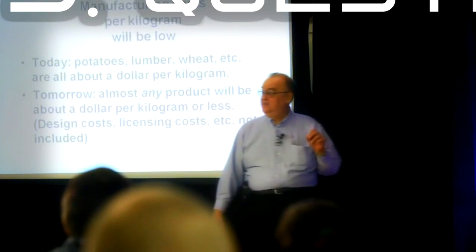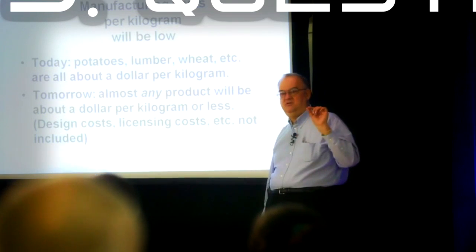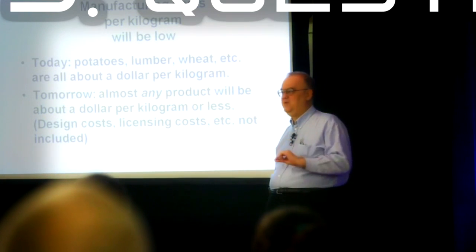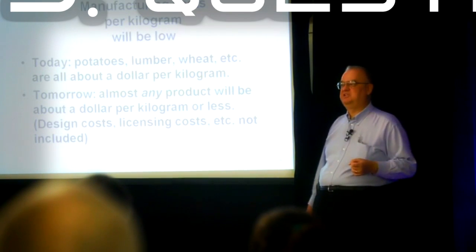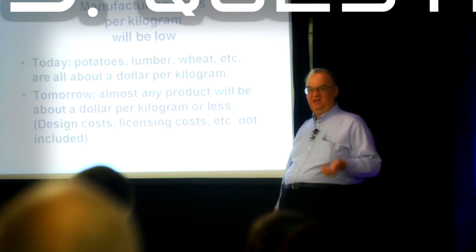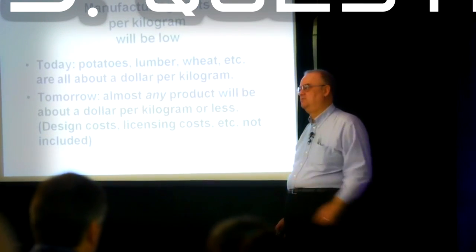A potato is a miracle of biological machinery, and yet we think nothing of mashing it with a little butter and having it for dinner. The reason is that it doesn't cost very much, because the biological molecular machines can make more molecular machines. And as we build our own molecular machines, those machines will be able to build more molecular machines, and so the manufacturing costs go through the floor.